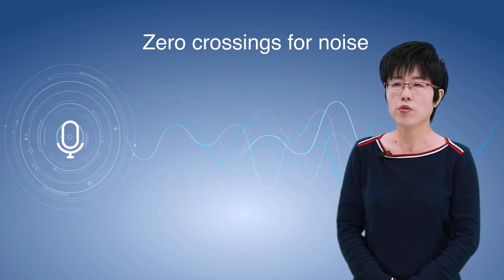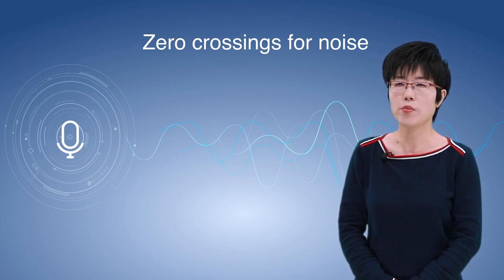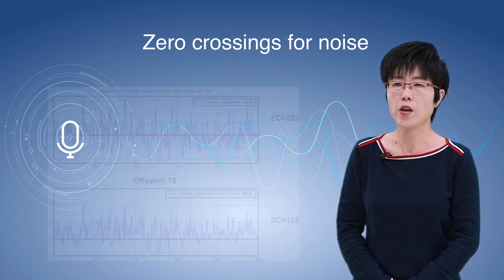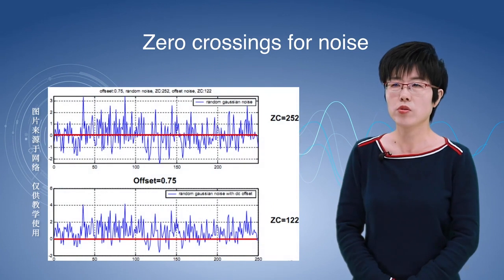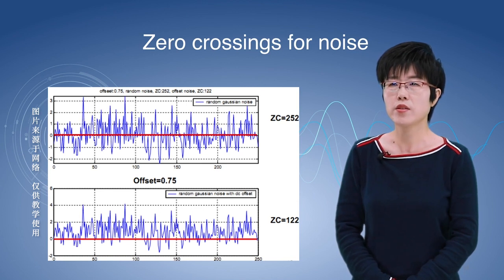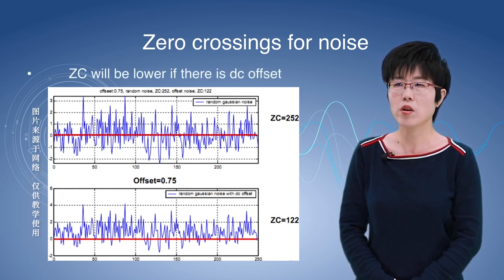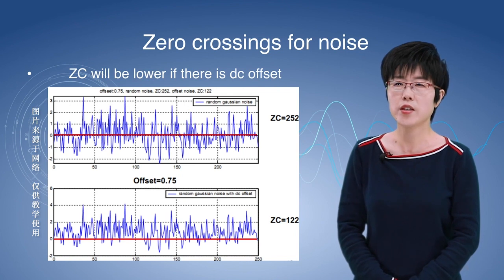Zero crossing for a noise signal is higher than that of a periodic signal. The figure shows zero crossing of random Gaussian noise. We can see that the ZC rate will be lower if there is a DC (direct current) offset.